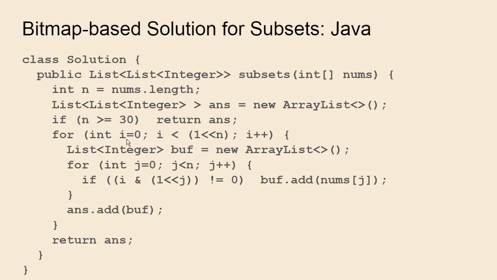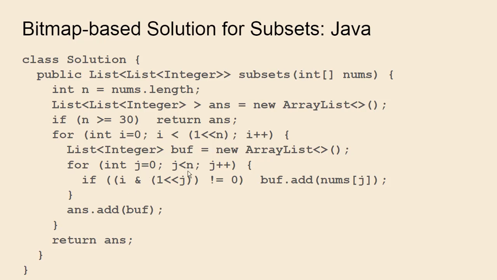Then we iterate through all the possible numbers up to 2 to the n, and every such number defines a subset. We determine the subset by checking the bit pattern of this number i.